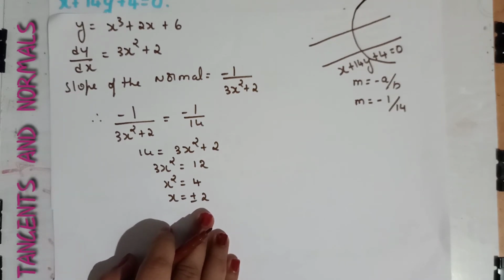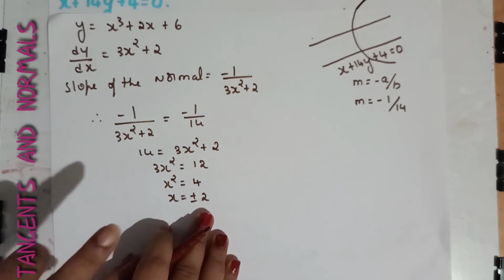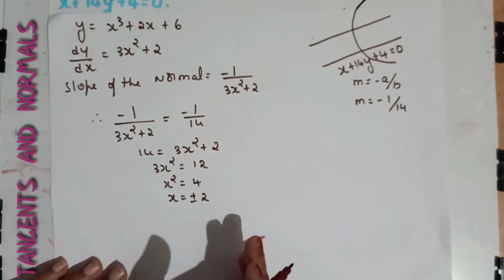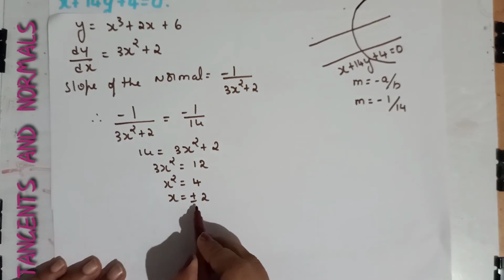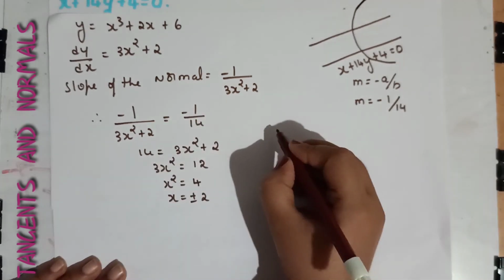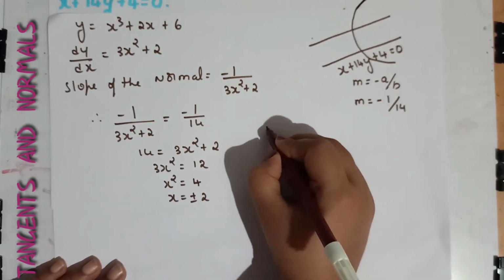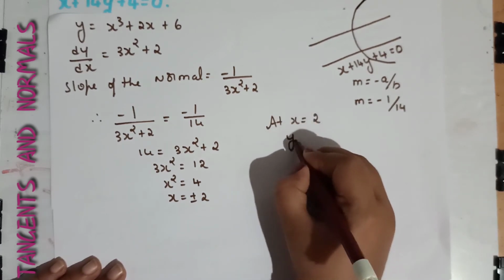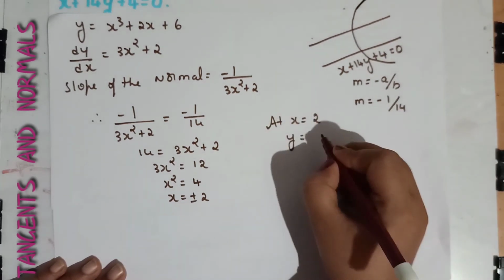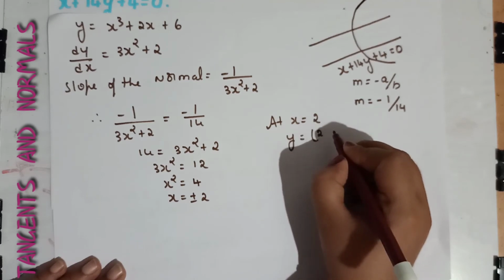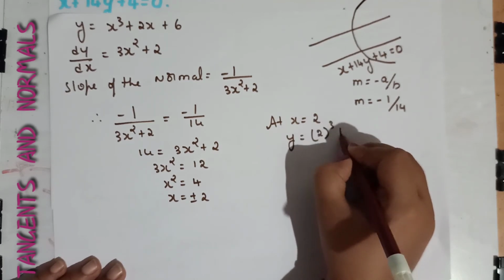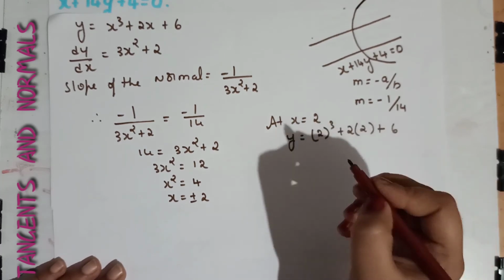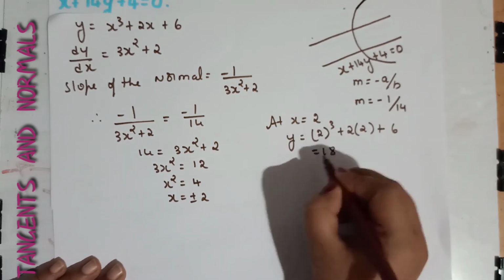You have to write the equation of a normal. You know the slope of a normal, but you have to find out the point. So now you got x is equal to plus or minus 2. Therefore, find out the value of y. So at x is equal to 2, y is equal to, substitute x in the given equation, 2 cube plus 2 into 2 plus 6, and that will be equal to 18.